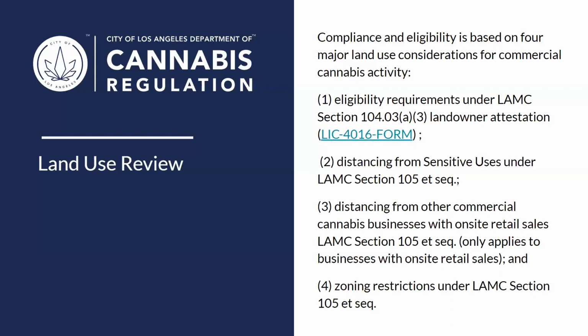The remaining components are all tied to Municipal Code Section 105, which is the distancing and location requirements for commercial cannabis activities within the city of Los Angeles. One of the things we're doing there is reviewing the distancing of the proposed location from sensitive uses that are identified under the municipal code.